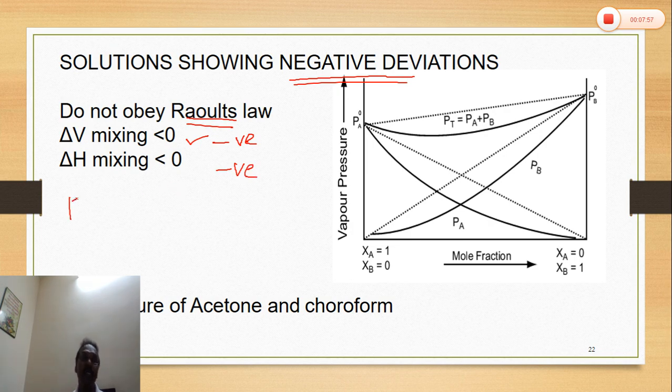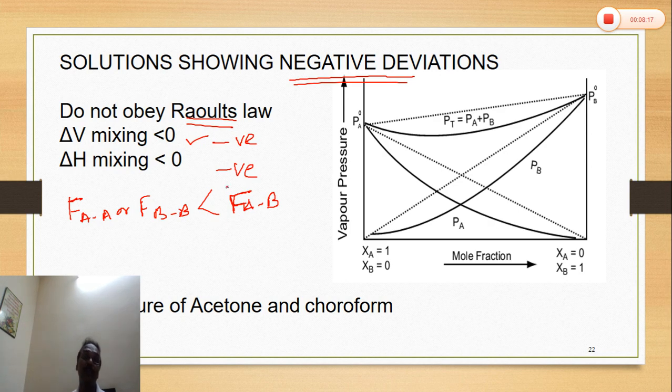In this case, the FAA force or FBB force will be lesser than the FAB force of attraction. That is, the solute solvent interaction will be greater. So they come closer, and volume decreases.